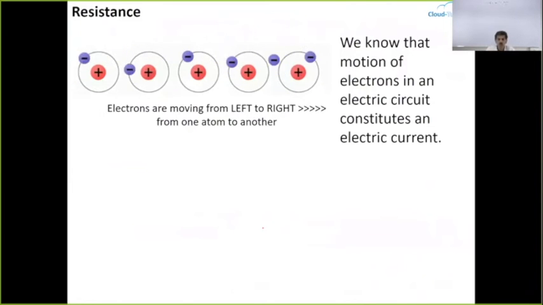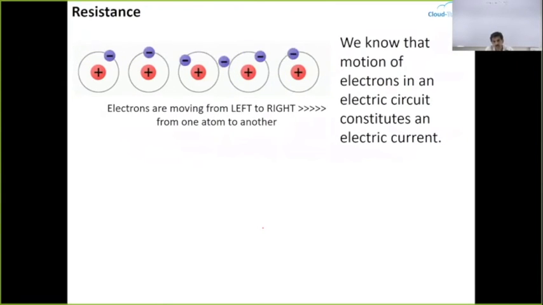Now let us talk about what resistance is. I told you that electric current is nothing but a continuous flow of electrons. And when you apply a potential difference across a conductor, then electrons are flowing continuously from one atom to the next.